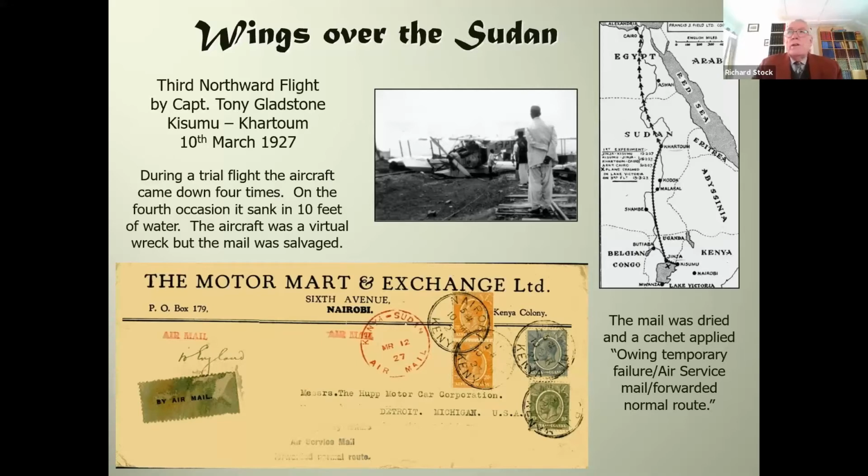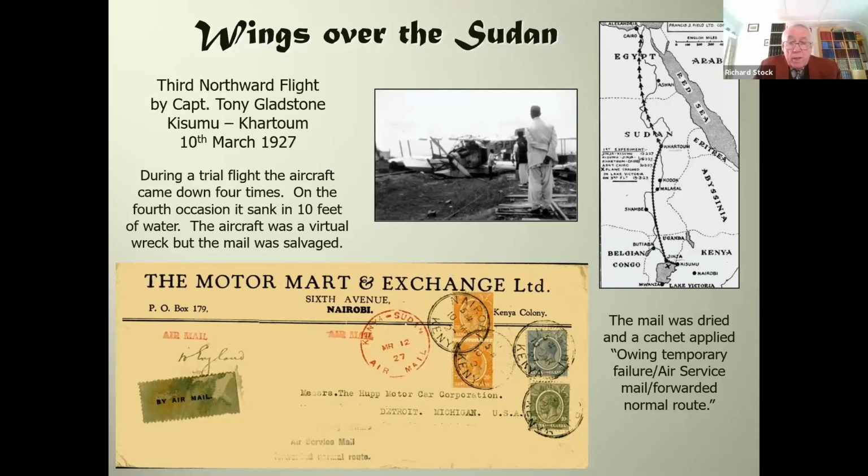How do you retrieve the mail? Well, this is 1927. It's East Africa. You improvise. You bring up a crane, hook it up to the plane, and drag it from the water, thereby doing a lot more damage than when it hit the surface in the first place.